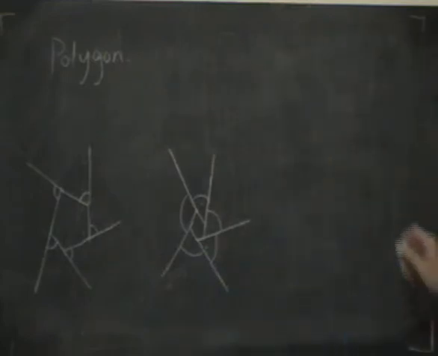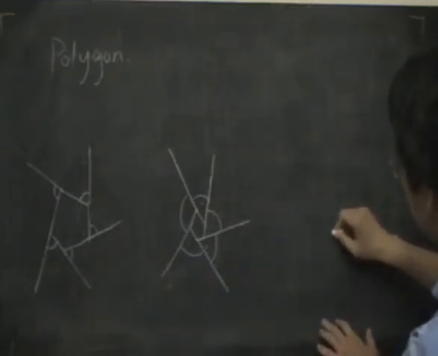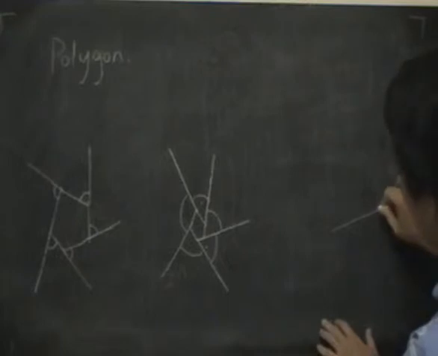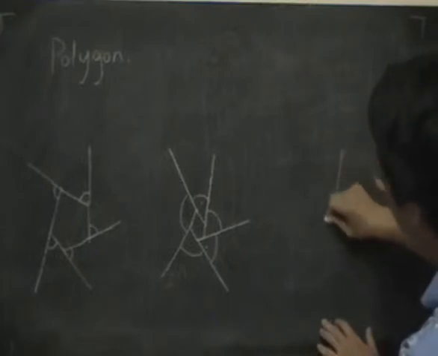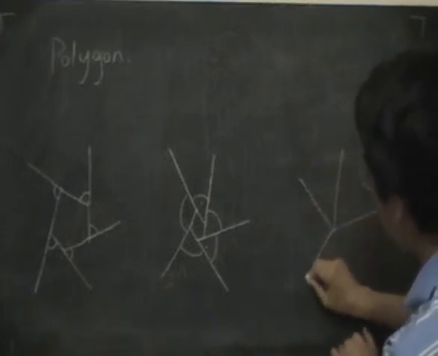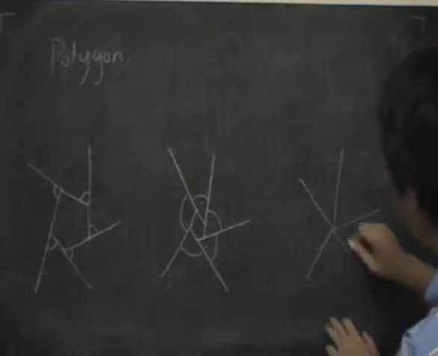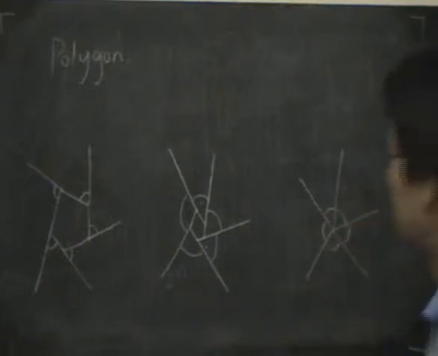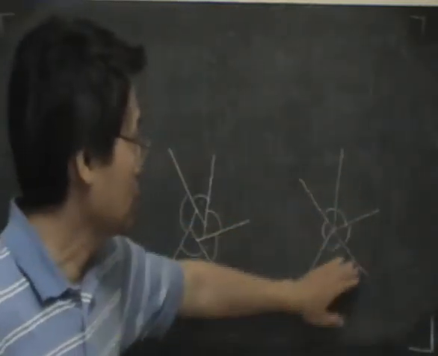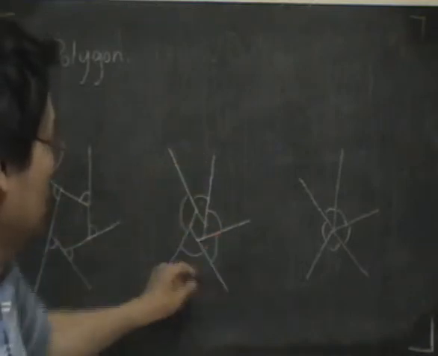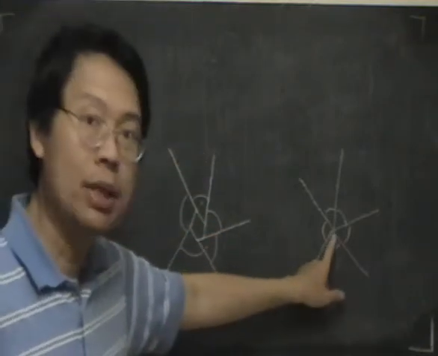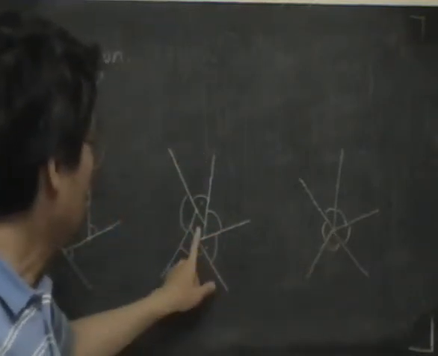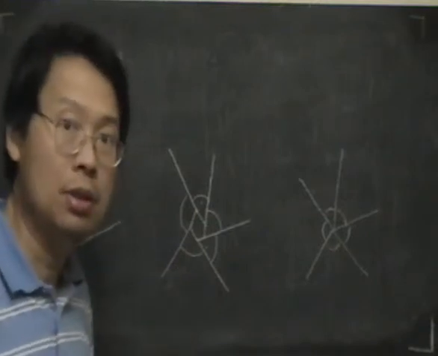Okay, let me draw it this way. Look at those lines. Those lines point in the same direction as these, but I have a point in the center instead of a tiny polygon.